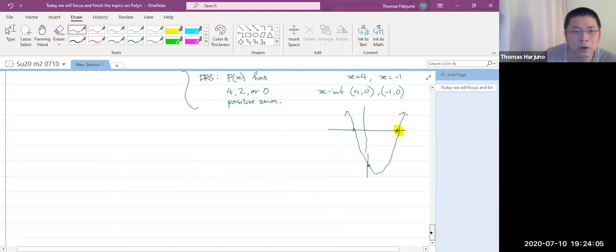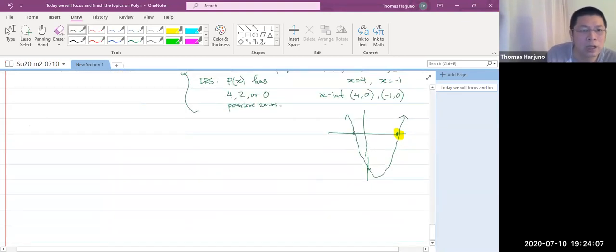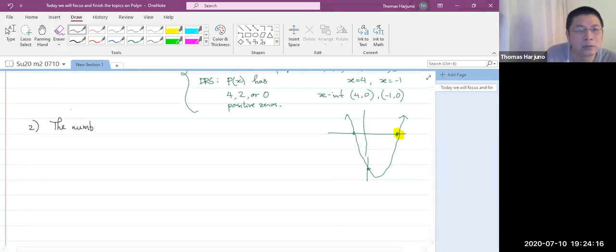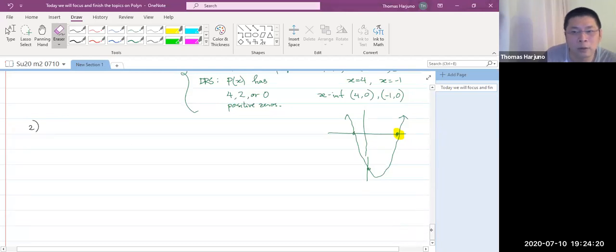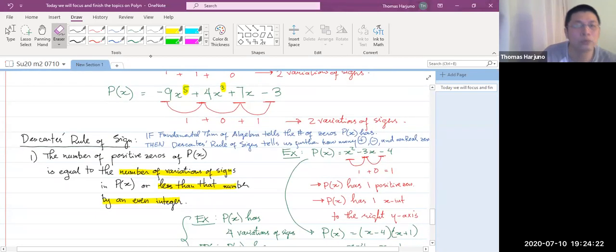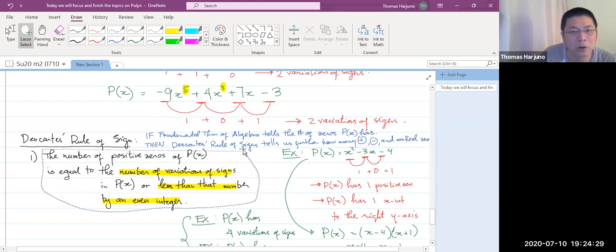Now, the second part of this Descartes' rule of signs is this. You know what, I'm lazy, let me copy paste. In fact, doing copy paste may enable you to see the change between the first part and the second part of this rule.